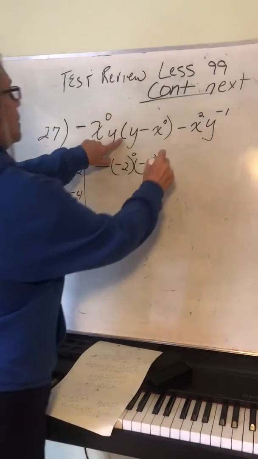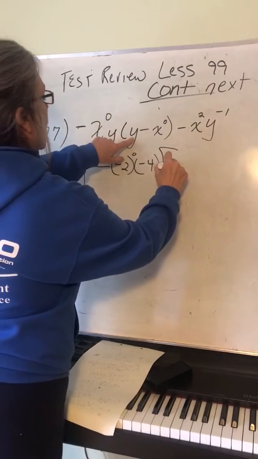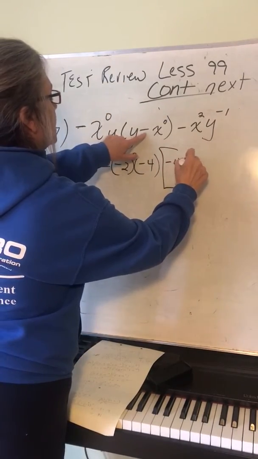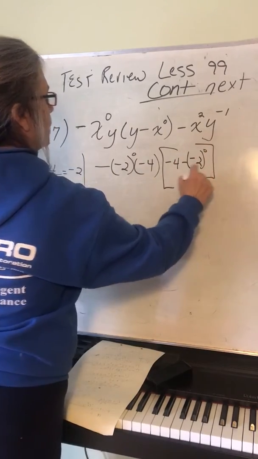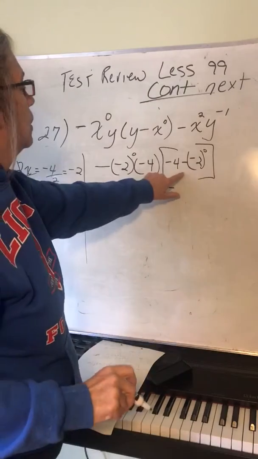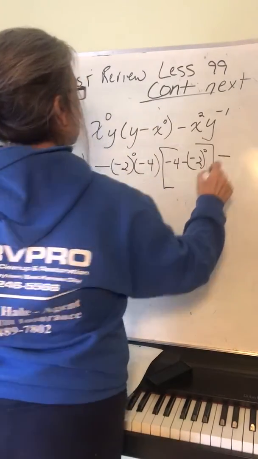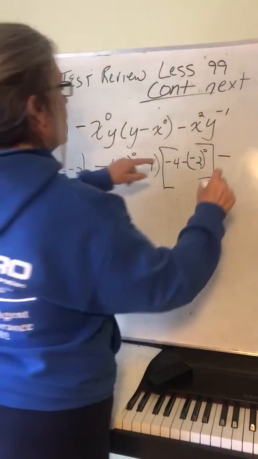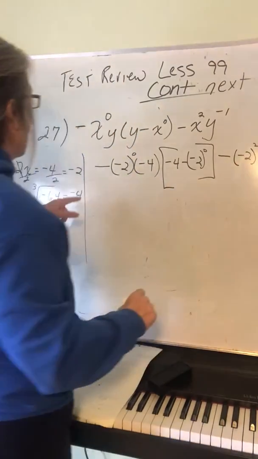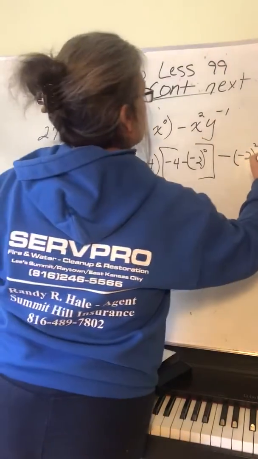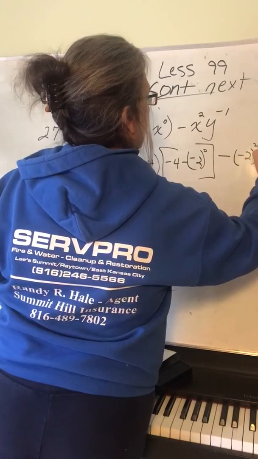Then you're going to have this part, y is -4 minus -2 to the 0. This is probably where we're going to have some problems right here. Then minus x squared is going to be in parentheses -2 squared, and y is -4 to the -1.